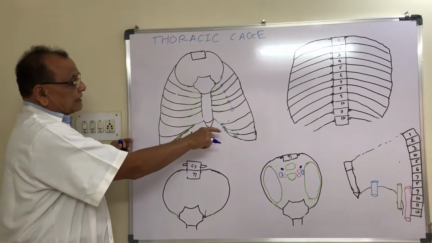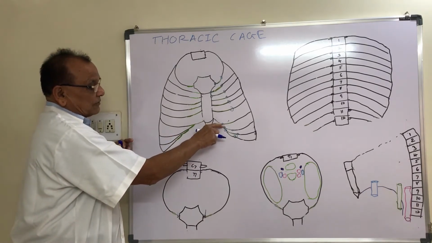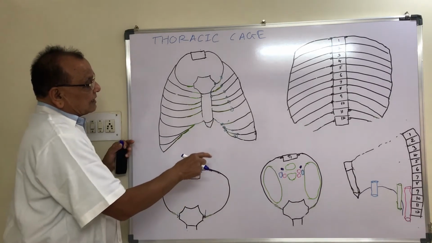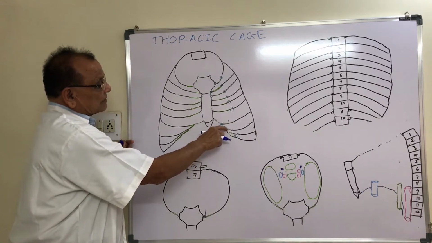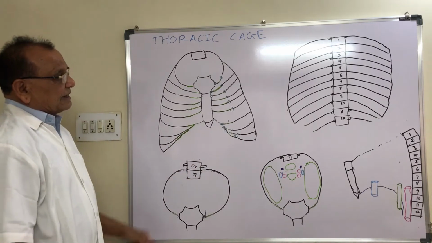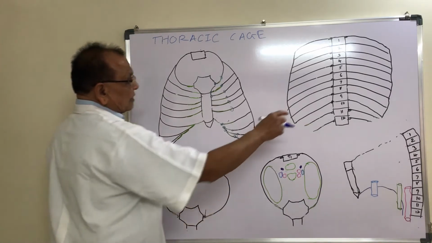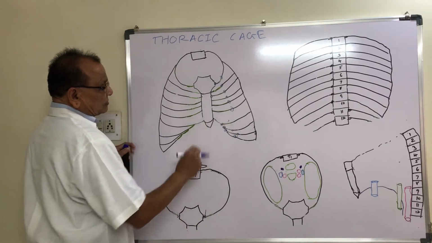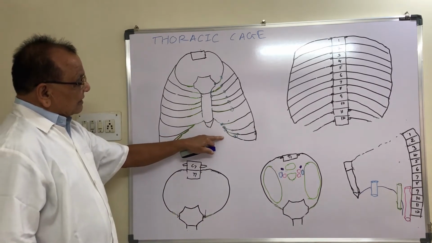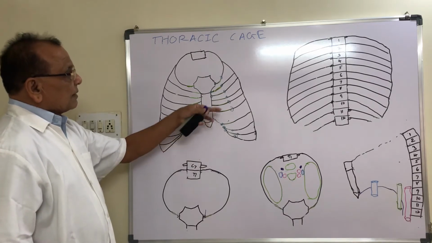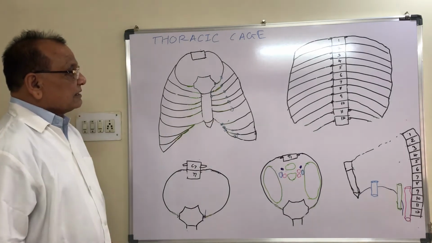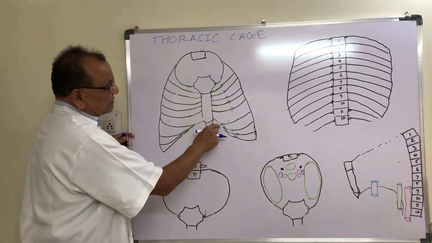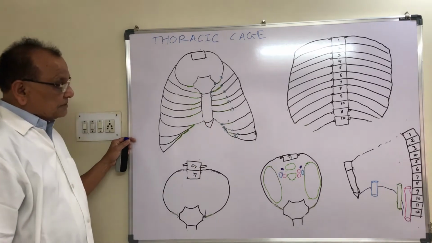So the costal cartilage of 8 is articulated with that of 7, the costal cartilage of 9 with that of 8, and the costal cartilage of 10 with that of 9. According to this articulation, the 8th, 9th and 10th ribs are known as the vertebrochondral ribs.